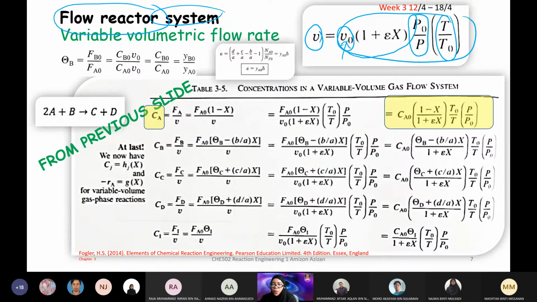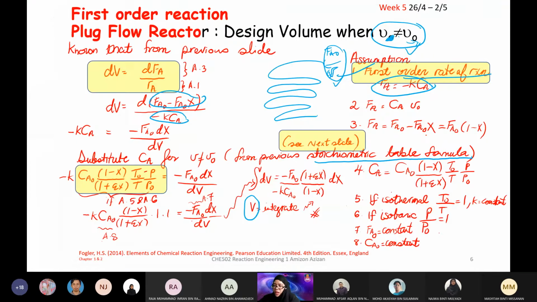From our stoichiometric table for a variable volume gas flow system, CA depends on the change of temperature and the change of pressure, including the epsilon and X and also the CA naught. We did this earlier, so I am going to go back to our previous slide.